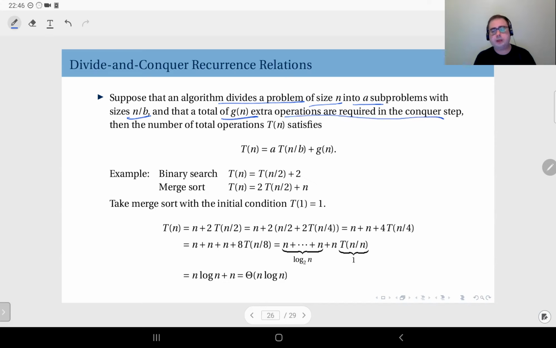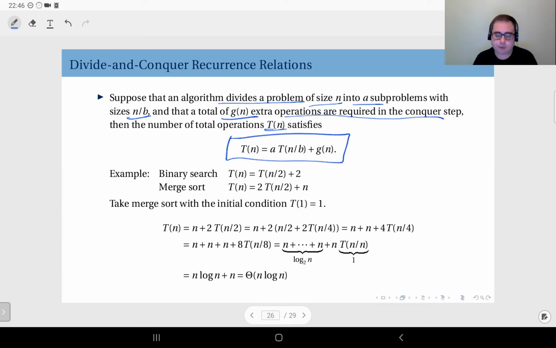And the conquer step also involves the separation part, the operations required to partition the problem into the subproblems, and afterwards combining their results to obtain the final solution. In general, the number of operations required, T(n), satisfies this recurrence relation: T(n) equals a times T(n over b) plus g(n).